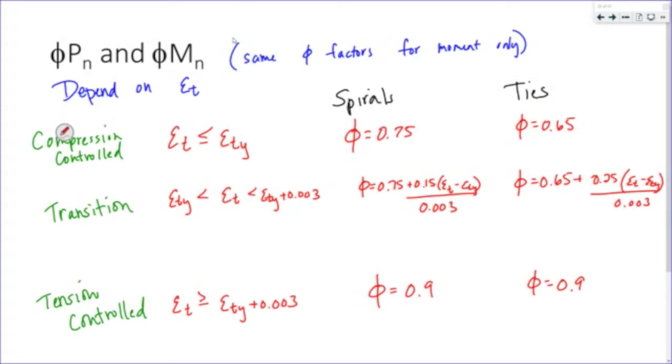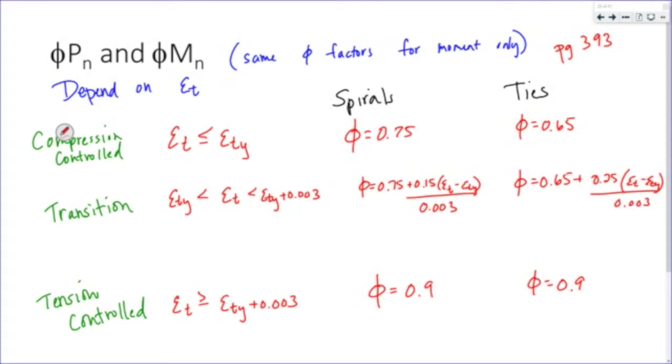Which you for sure have already had marked, but I'll just remind you. So now we have our phi factor, but there is one more thing that they want you to think of.